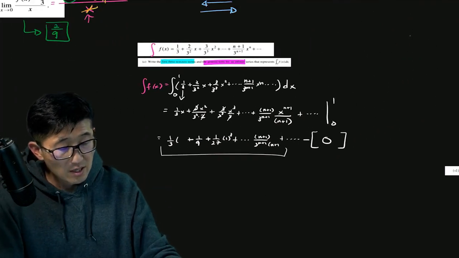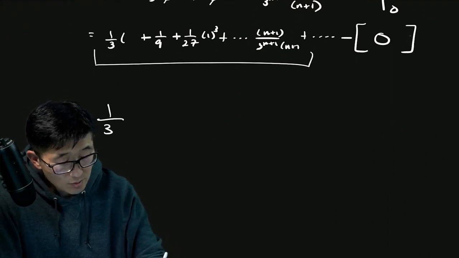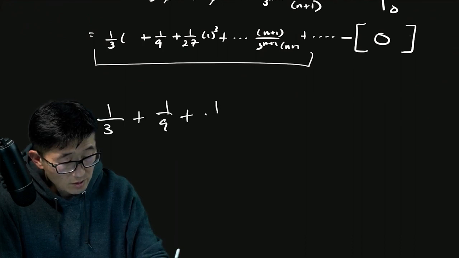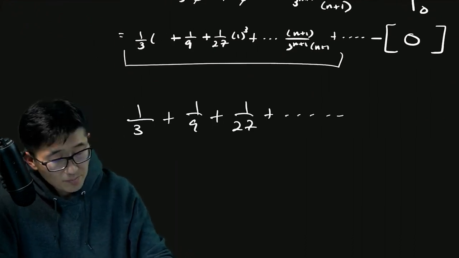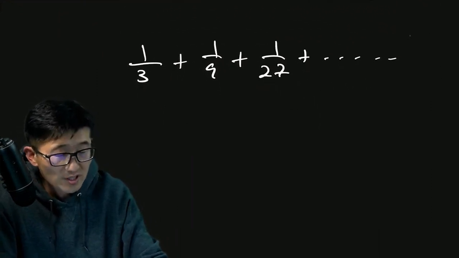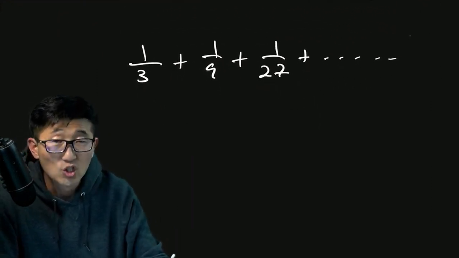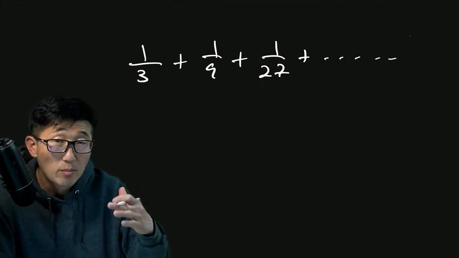Okay, and then lastly, let's take a look at this function. This series, plus dot, dot, dot. You should be able to recognize that this is a geometric sequence or a geometric series. A sequence is simply a number pattern.